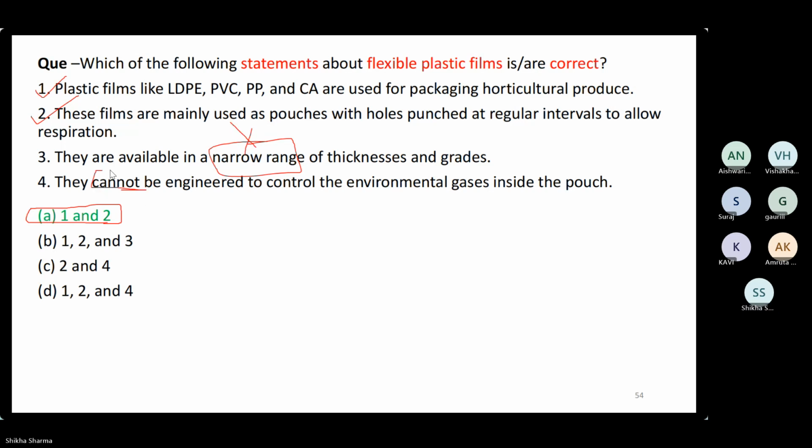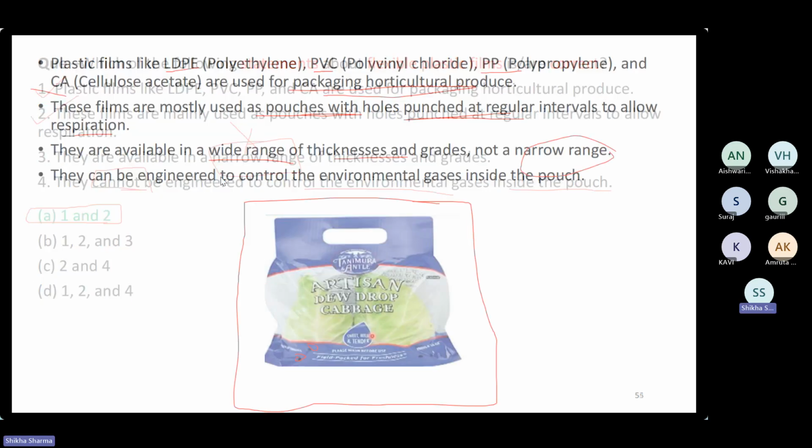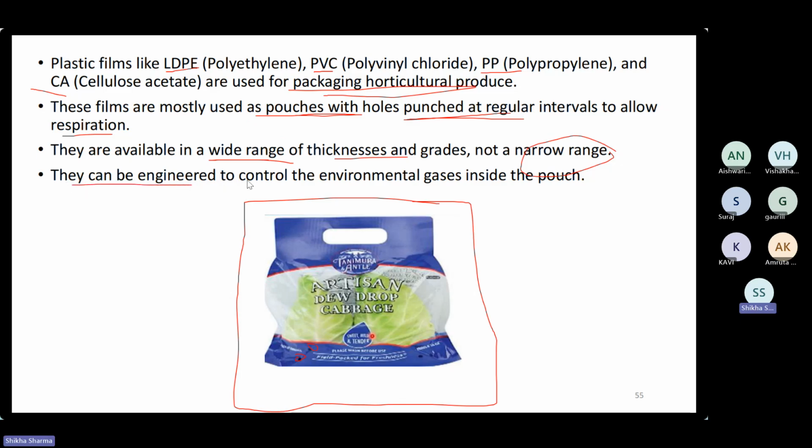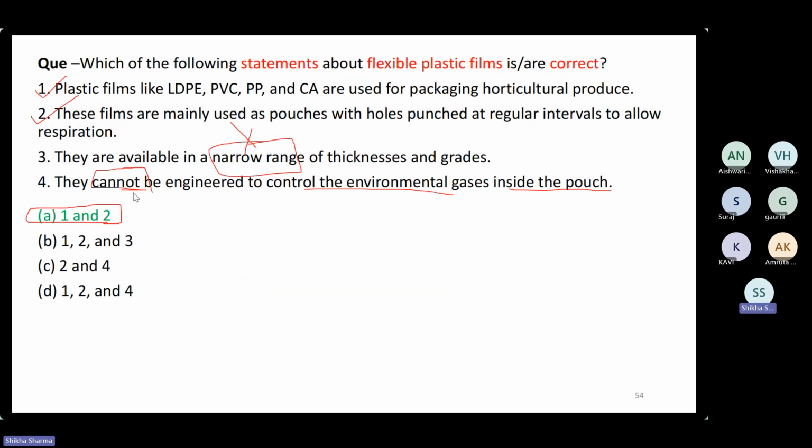Statement 4 says they cannot be engineered to control the environmental gases inside the pouch, whereas they can be engineered to control the environmental gases inside the pouch. So this is also incorrect. So 1 and 2. Is this question clear to everyone?